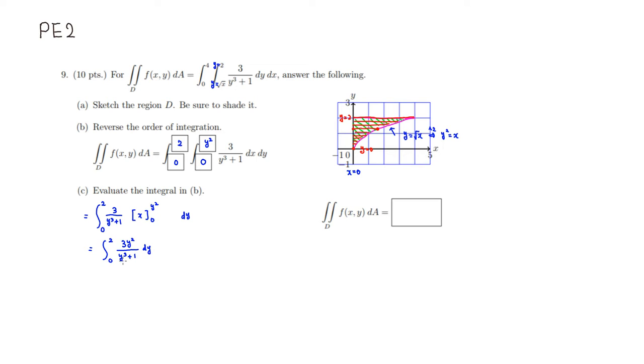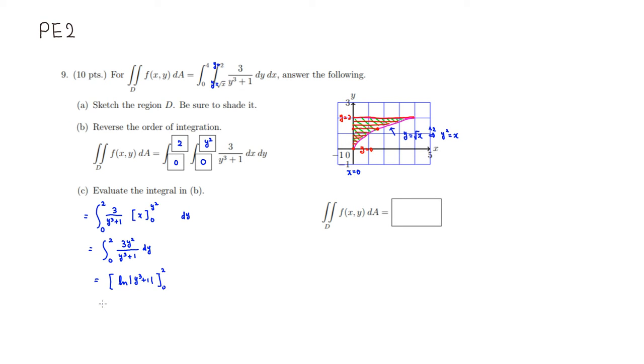You notice that the numerator is exactly the derivative of the denominator. So the antiderivative is the natural log of the absolute value of the denominator, y cubed plus 1, going from 0 to 2.